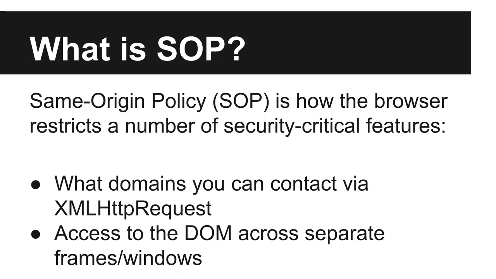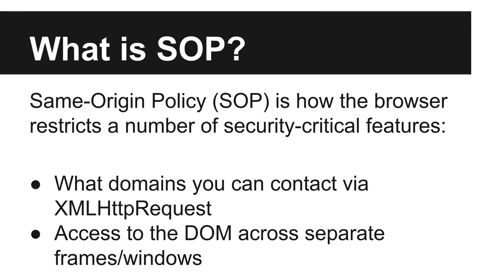So what is it? It's what domains you can contact via XML HTTP request, AJAX requests as we normally call them. It also restricts access to the DOM across frames and windows. So if you open up a new window with JavaScript, you may or may not have access to the DOM in that new window. What determines that?